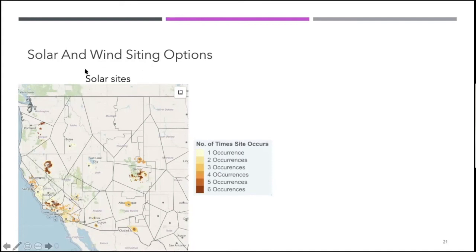So these are the sites on which we can develop solar PV. And if the site is darker, it means that the site occurs in more solutions. If the area is lighter, it means that it occurs in only 1 or 2 solutions.